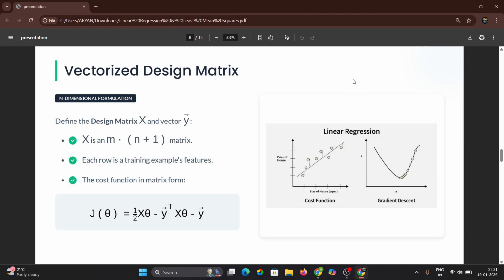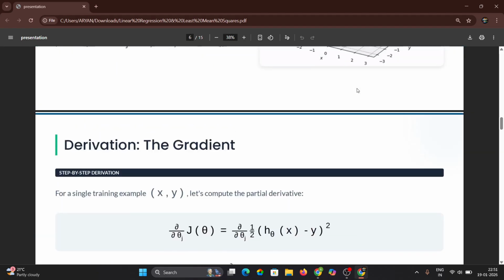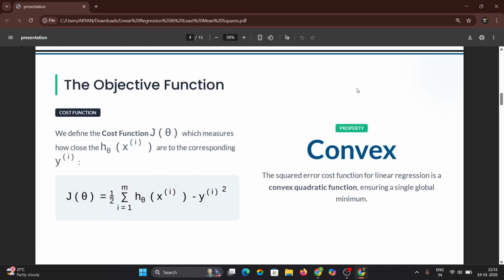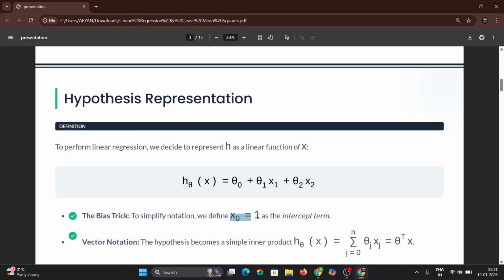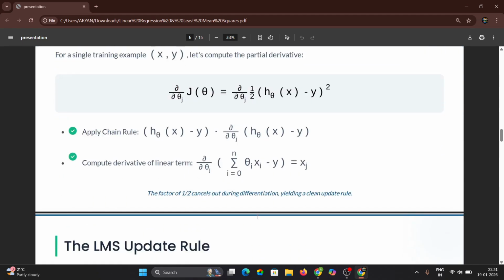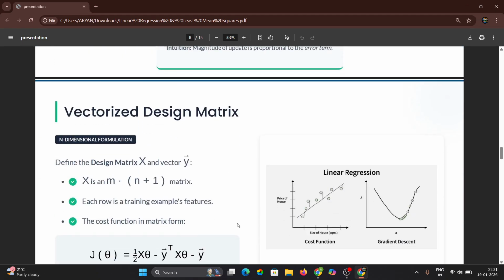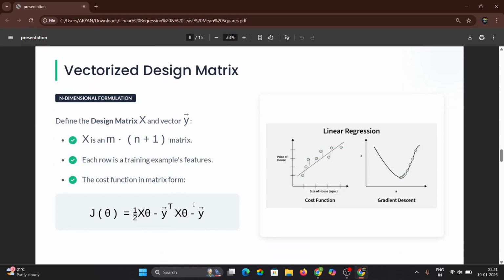Because there are n features and plus 1 for the extra term, theta naught, for which we assume one extra feature has the value 1, x naught equals 1. So that's why it is m by n plus 1. Each row is a training example.